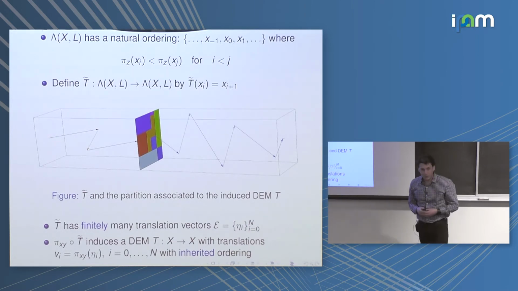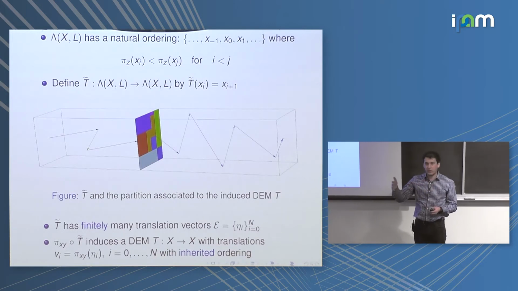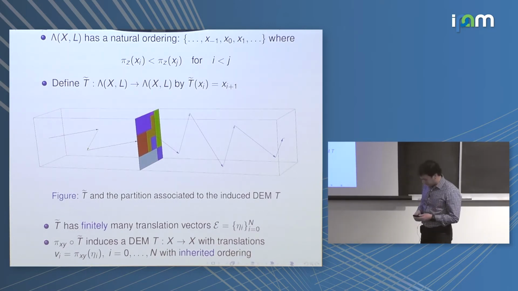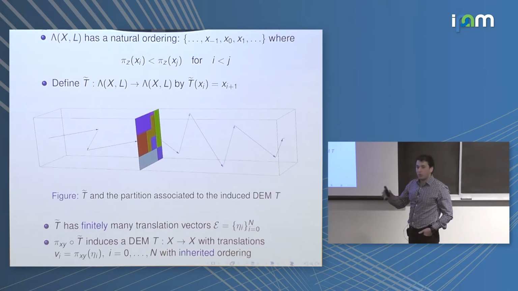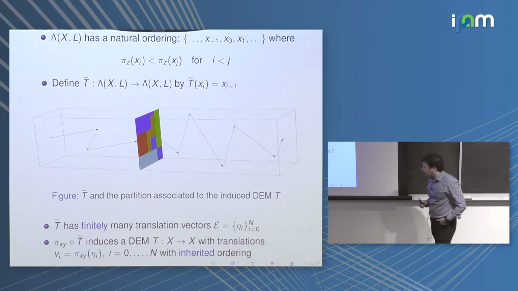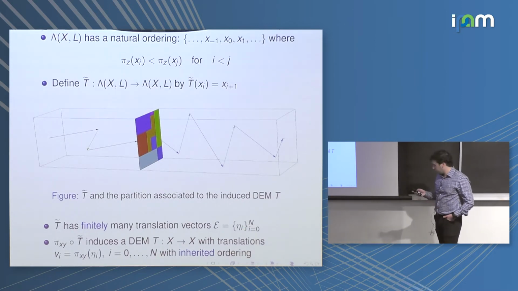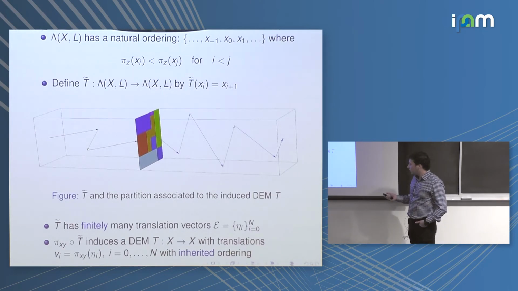And because our set of lattice points forms a cut and project set, there are going to be finitely many interpoint vectors. So if you look at the vector between this point and that point, and then the vector between this point and that point, there are only going to be finitely many of them. We call these translation vectors, and I'll label them by eta I. And we take these translation vectors, eta I, and we project them onto the xy plane.